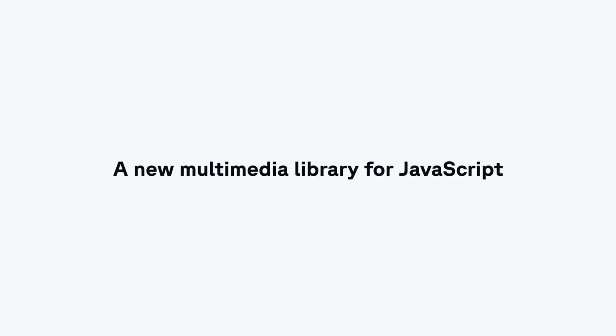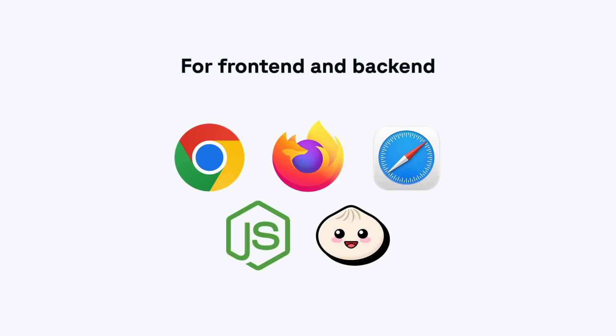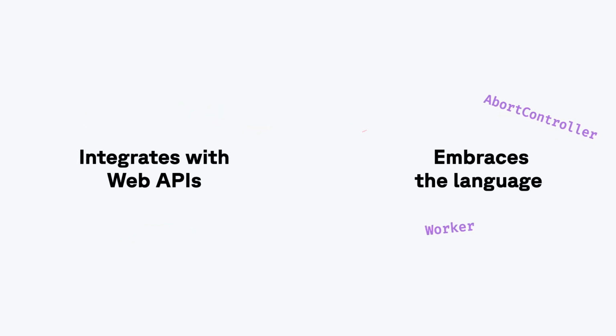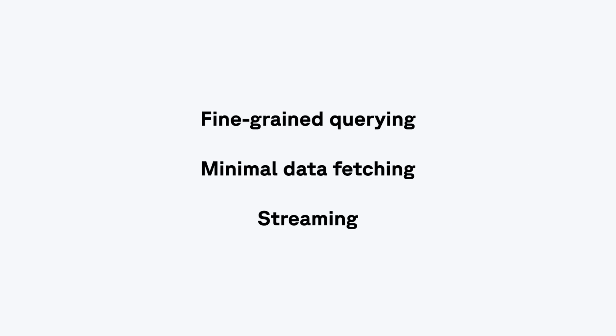In summary, Remotion Media Parser is a modern new multimedia library for JavaScript. It runs on the web, in Node.js, and Bun. It embraces web standards and the async nature of JavaScript, requires minimal data to be fetched, and does not block the UI thread.